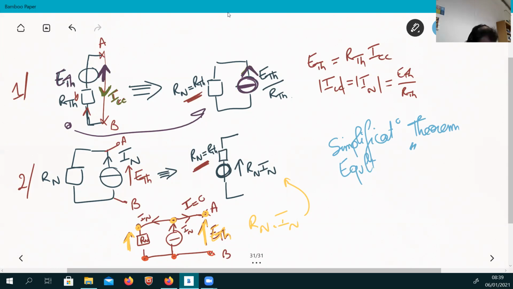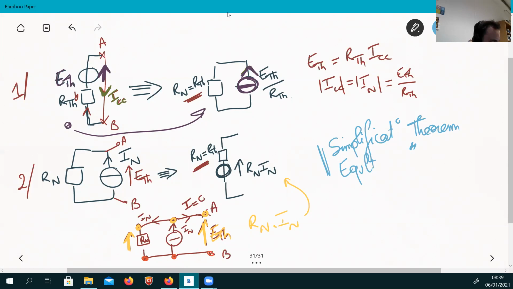And that's it. It's a lot of information for today, but you're going to use this a lot, especially this equivalent simplification theorem, after.